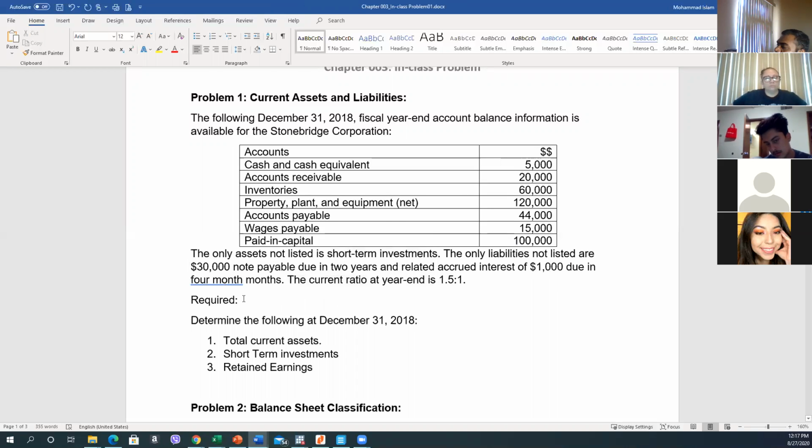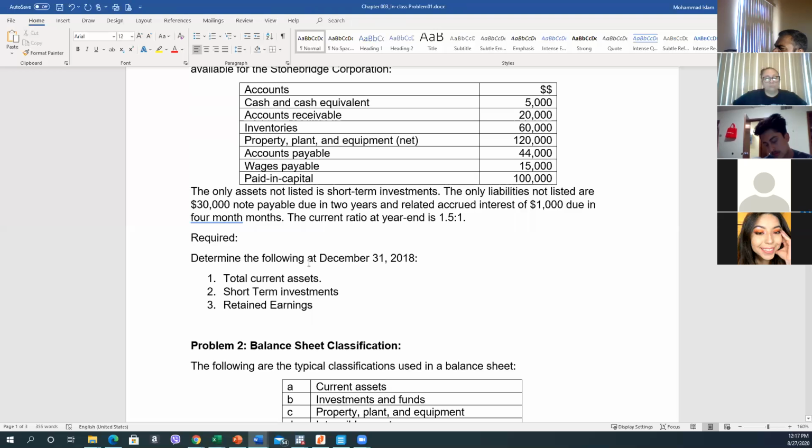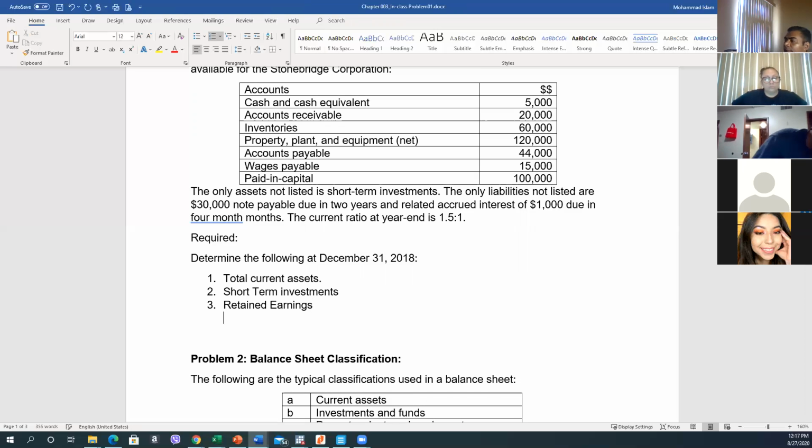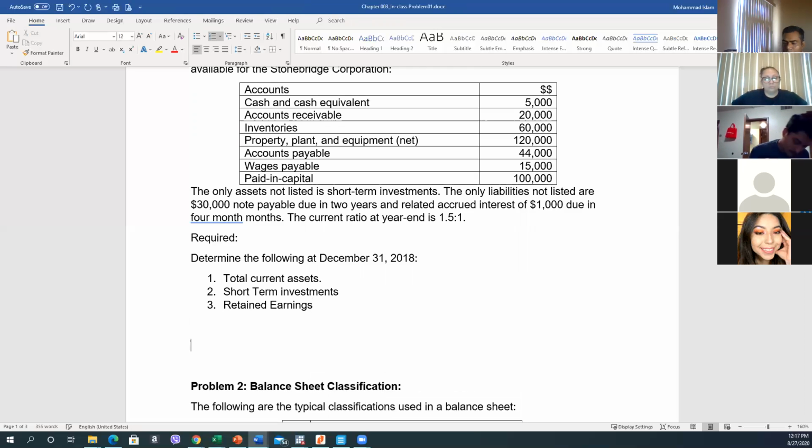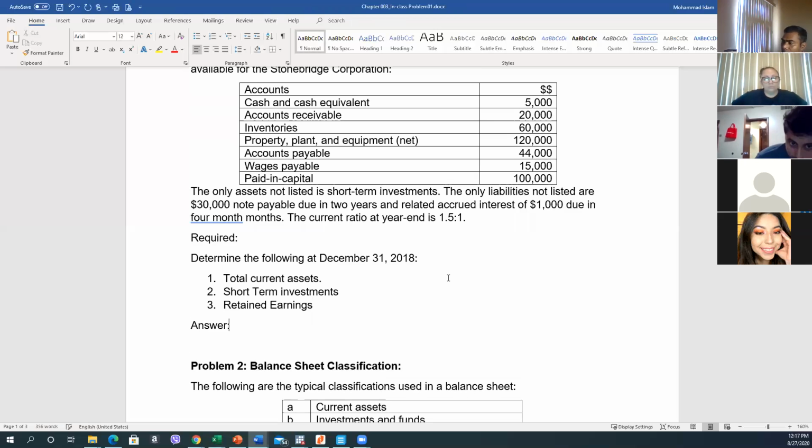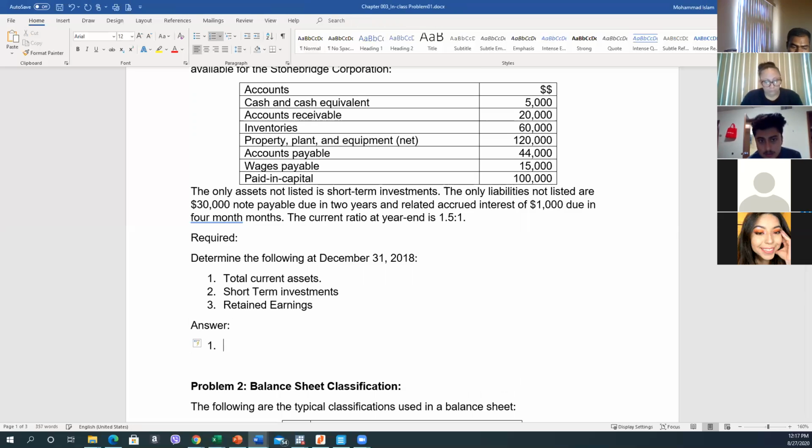Okay. So now the requirement. Determine the following at December 31st, 2018: total current assets, short-term investments, retained earnings. Okay. So what I'm going to do, the first one is the current liabilities.